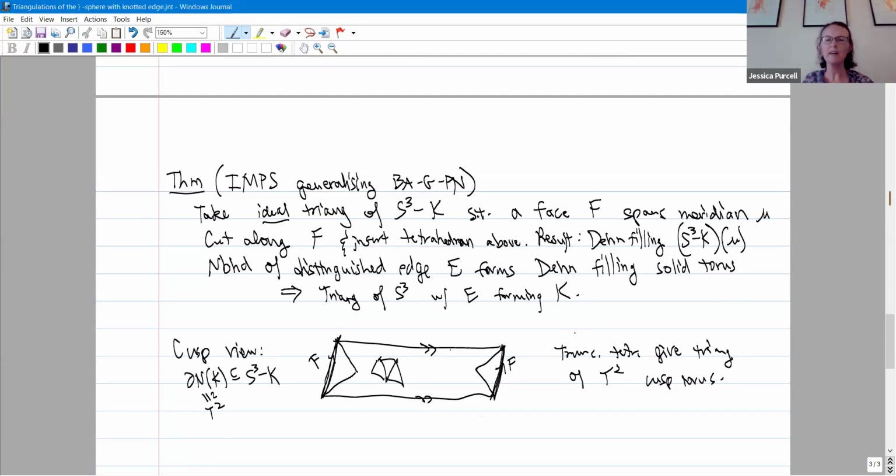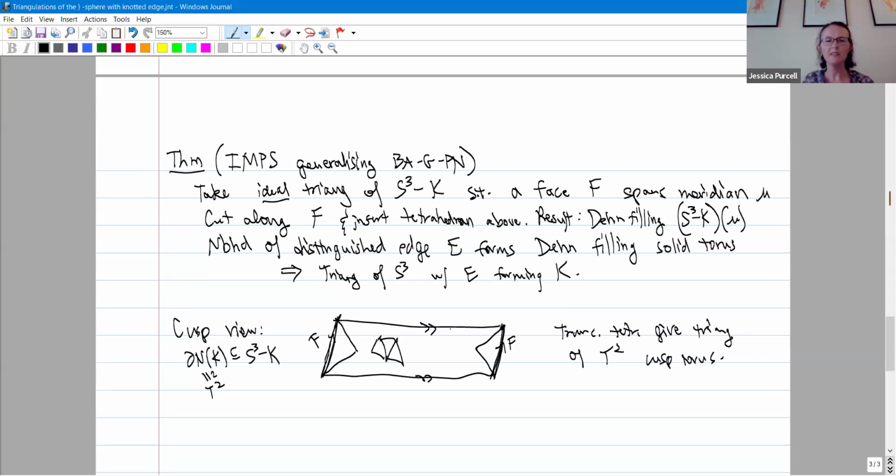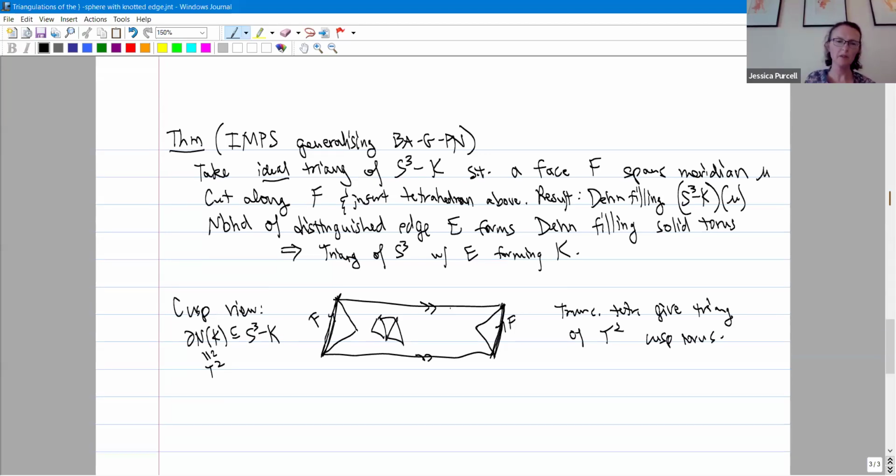We're going to find ideal triangulations of knot complements for which you have a face that spans a meridian. And then all we have to do is cut along this face F and insert this special tetrahedron. And then we know from this theorem that I'm going to get my triangulation of the three sphere with the knotted edge that I'm looking for.